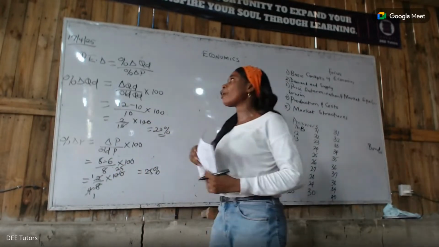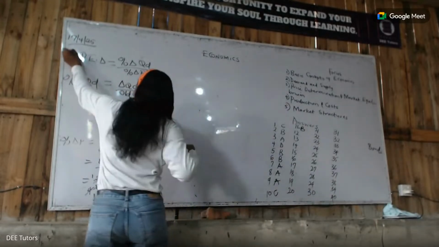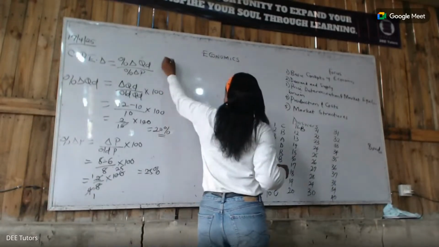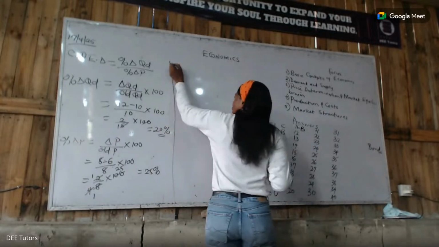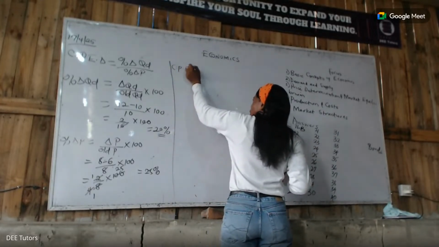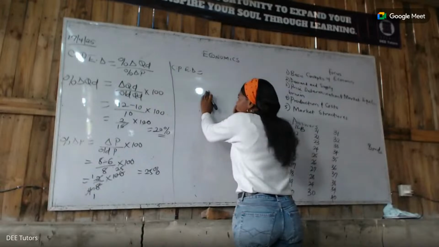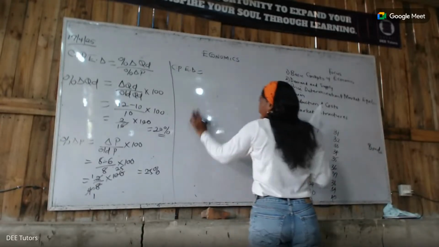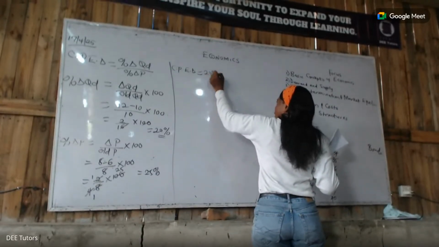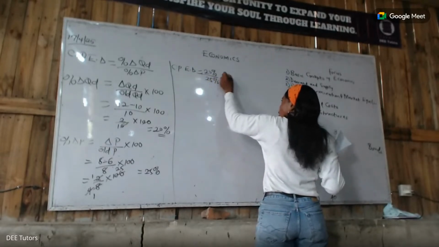So now we can calculate the coefficient of price elasticity of demand. The coefficient of price elasticity of demand equals percentage change in quantity demanded, 20%, divided by 25%. So what do we have?